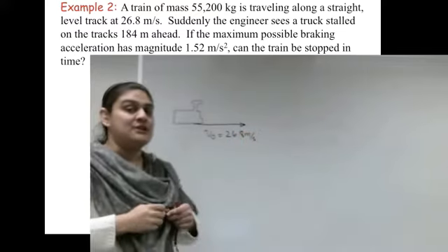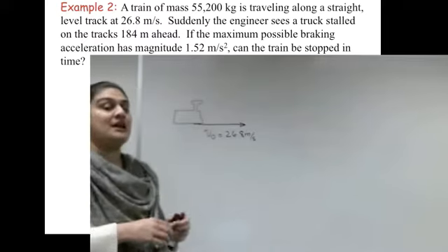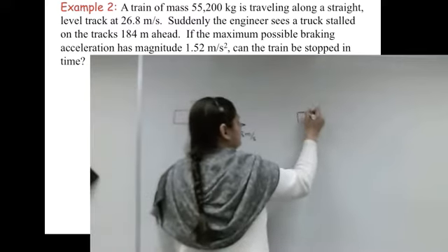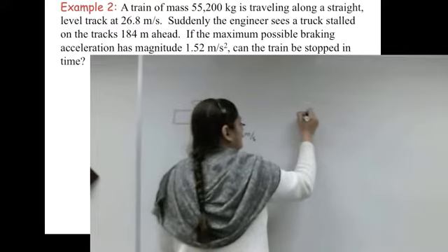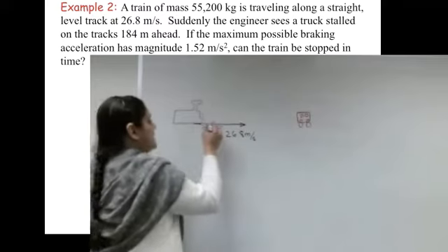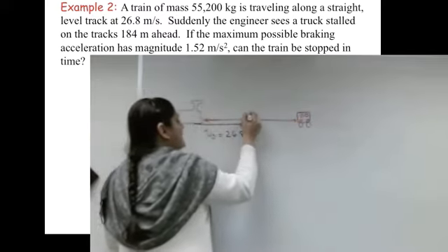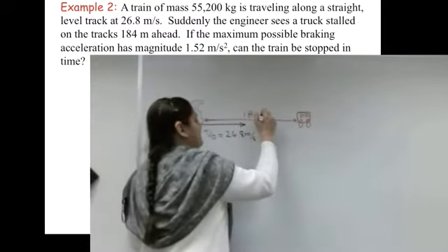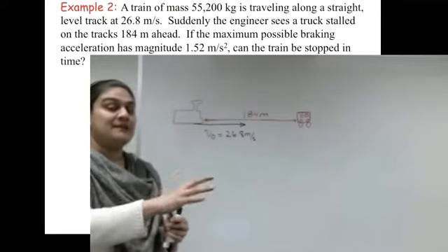And suddenly the engineer sees a truck that is on the track 184 meters ahead. So there is a truck that is stalled ahead, and the distance between the train and the truck is 184 meters. Okay.